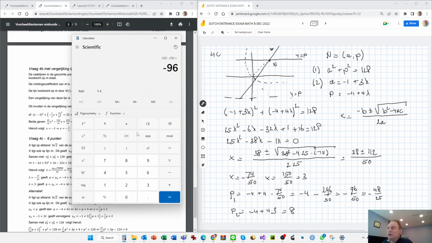Okay, this should be minus 200, negative 200 minus 296. I'm not sure, somehow I missed something here.